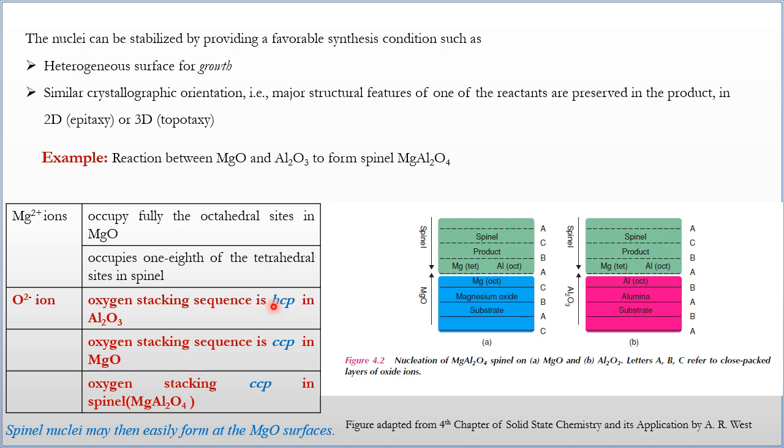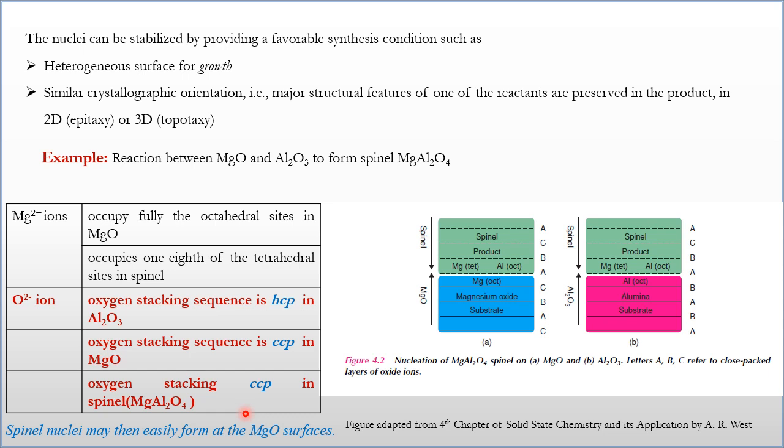The stacking sequence is HCP in Al2O3, and in the other reactant, MgO, the stacking sequence is CCP. Now the oxide ions in the product are also stacked in the CCP arrangement. So it is easier for the reaction to take place from the MgO site, because one of the constituents of the reactant as well as the product does not have to undergo any specific reorientation during the process.